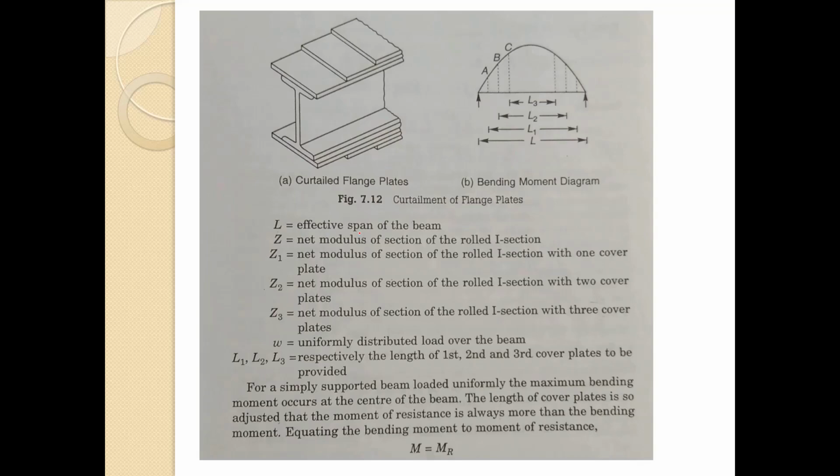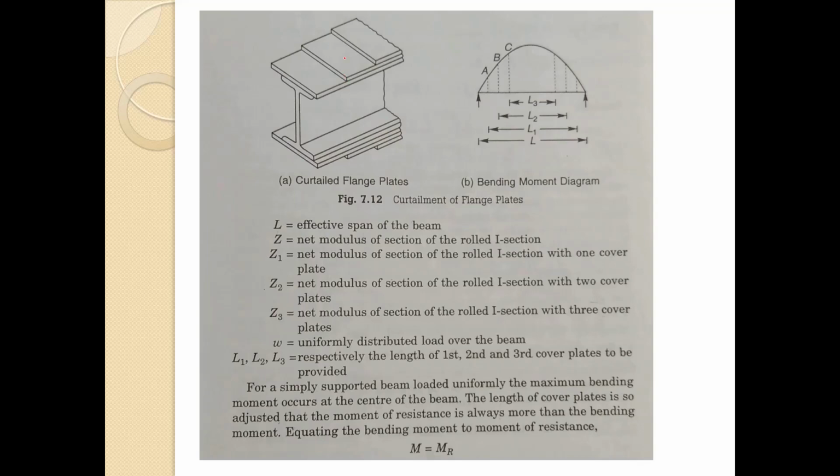So L is the effective span of the beam, Z is the net modulus section of the rolled I section, which is here. Z1 is the net modulus section of the rolled I section with one cover plate, that is this cover plate plus this I section. Z2 is the net modulus section of the rolled I section with two cover plates, that is at this section.